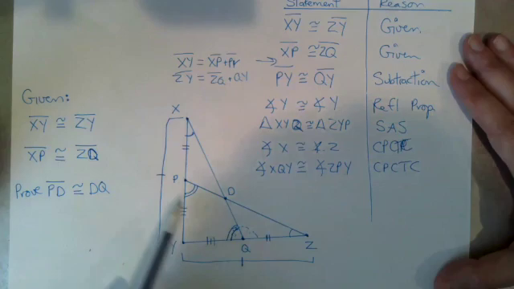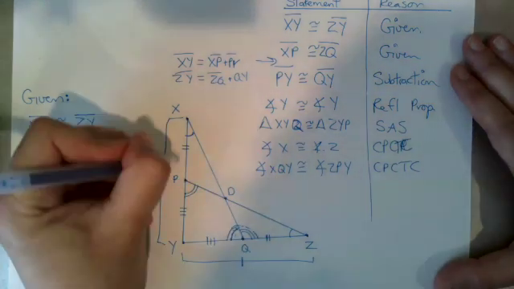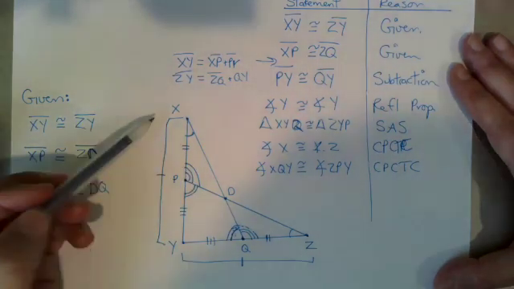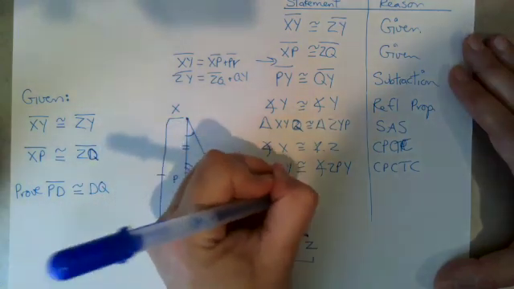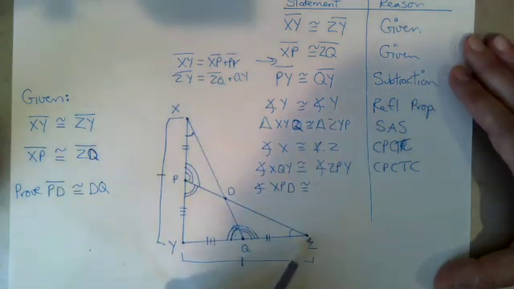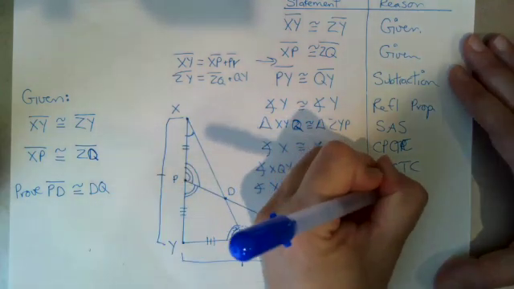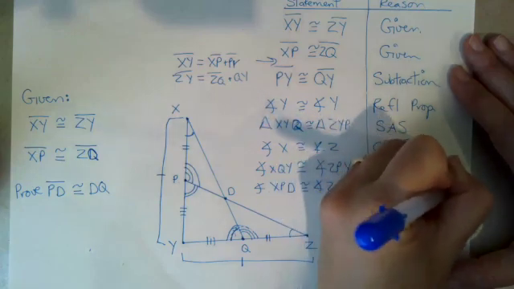Okay, and now if we know those are true, then we know, I've got some rainbows happening here, that those guys are congruent. So let's name those. So XPD is congruent to ZQD, and that was because of supplements of congruent angles.